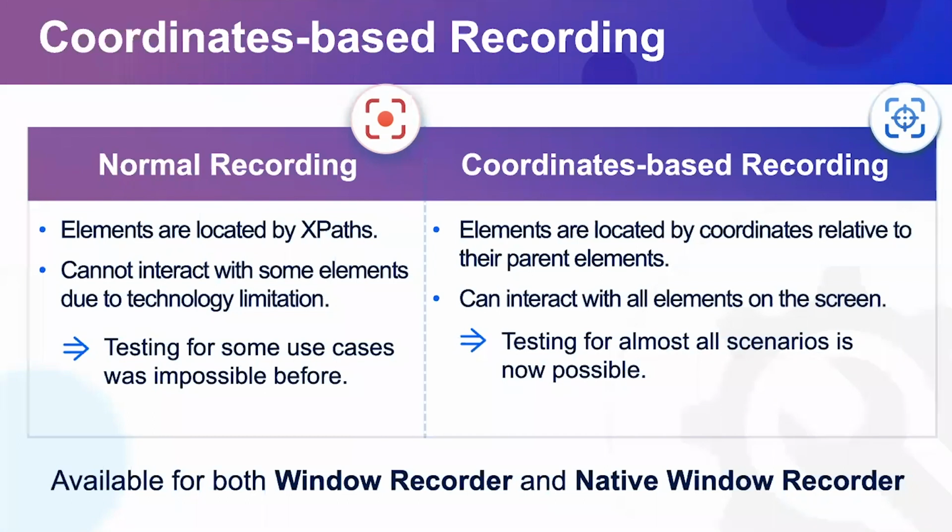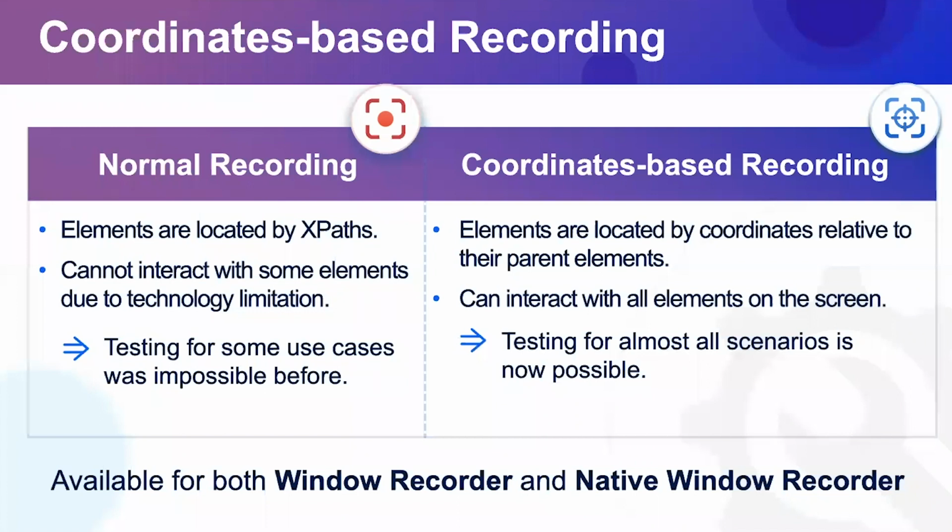So that's the motivation for us to build another mechanism of location by using coordinates. It's not just a workaround to deal with difficult situations where we could not locate objects before, but also an enhancement and add-on to what we have right now, in order to test almost all scenarios regardless of the underlying technology of the applications.